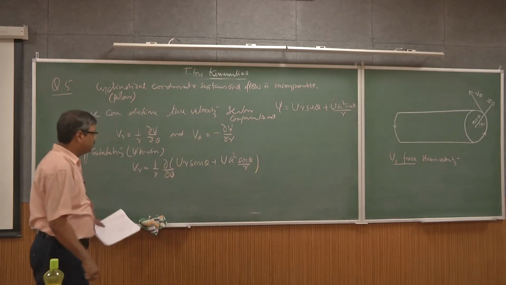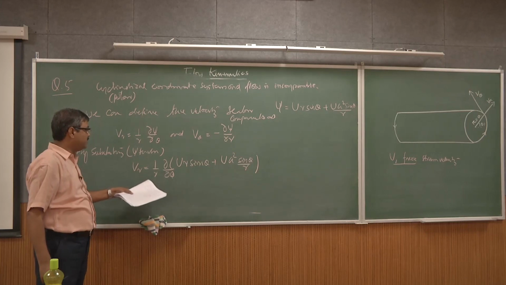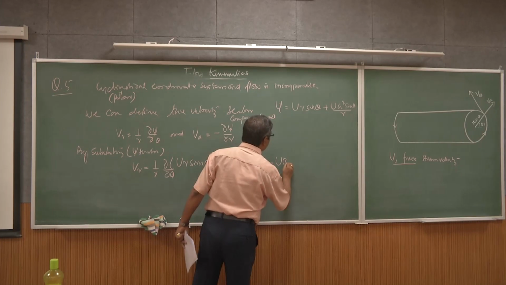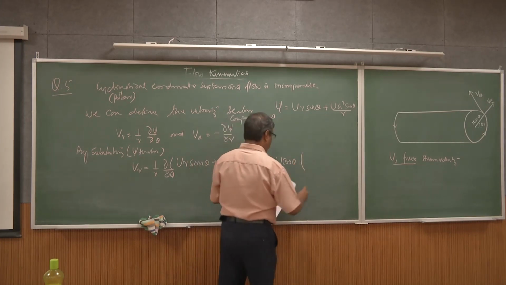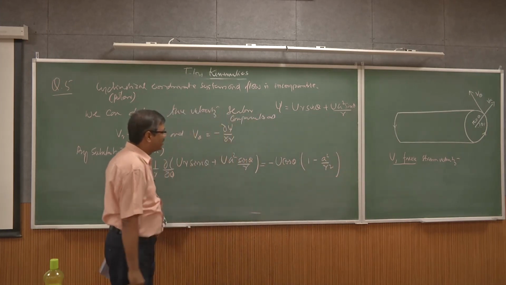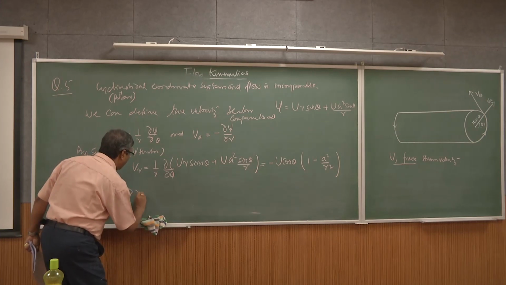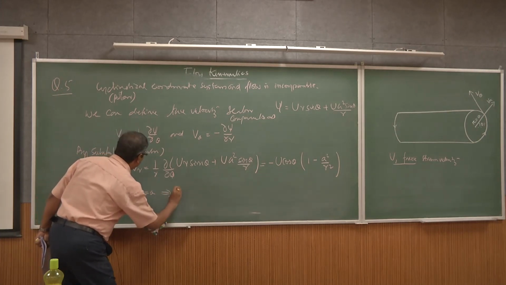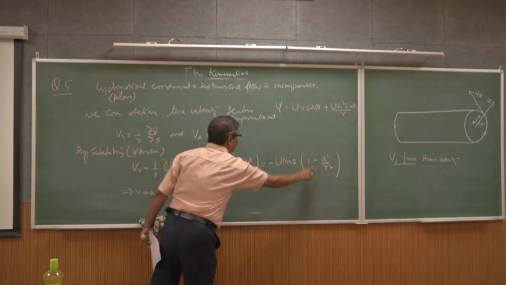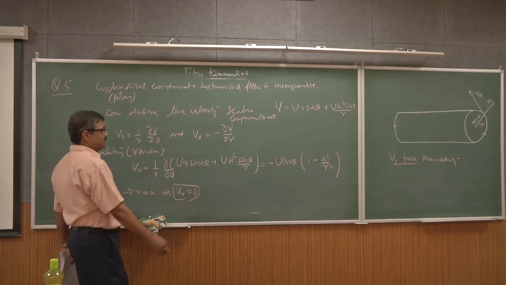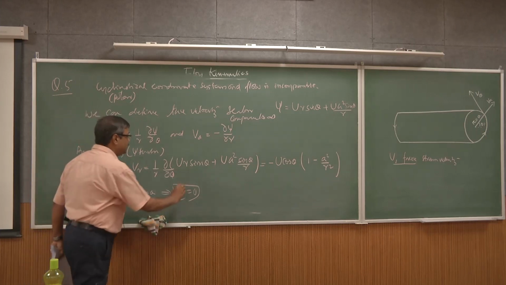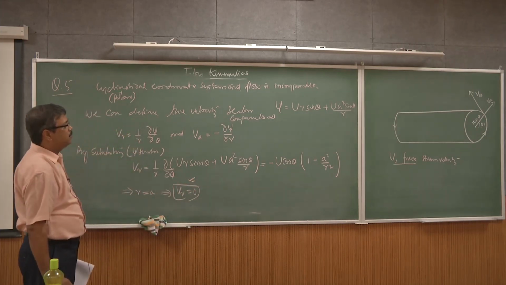So, if you do the partial derivative with respect to theta and put in the value, it comes out to be U cos theta times 1 minus a square by r square. If you look at this function, when r becomes a, no doubt V_r will be 0. If you substitute a equal to r, this component becomes 0. So, V_r will be 0. That is the first component, which we proved.